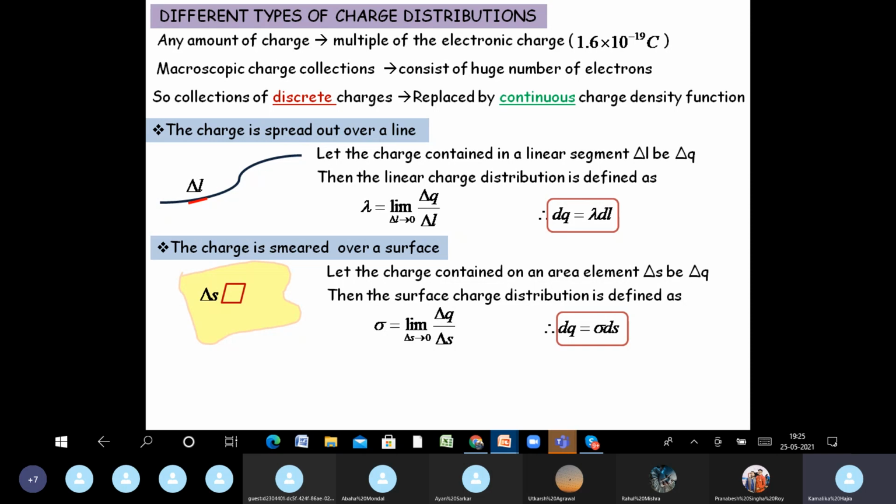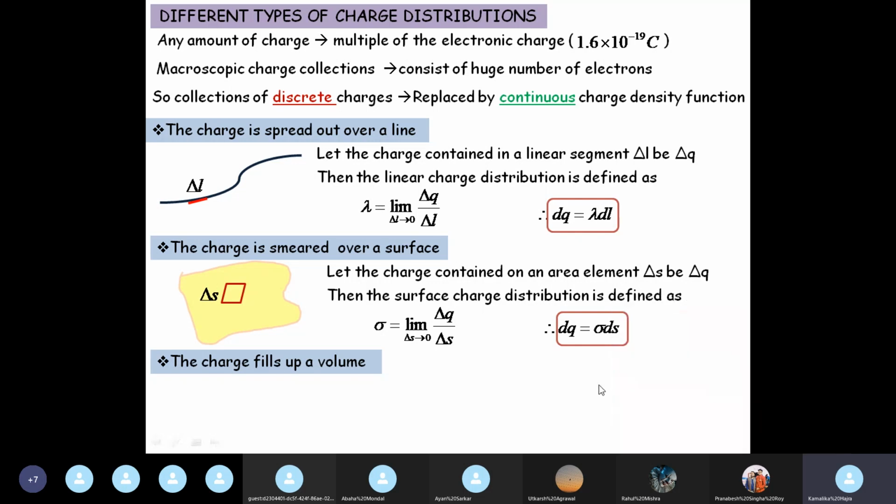And the third form, I think you can predict by now what the third form of charge distribution will be. Can anyone tell me? We have done linear and surface. What will be the third form of charge distribution? After linear and surface? Absolutely, volume. So next, we will consider that the charge fills up a volume. Okay.